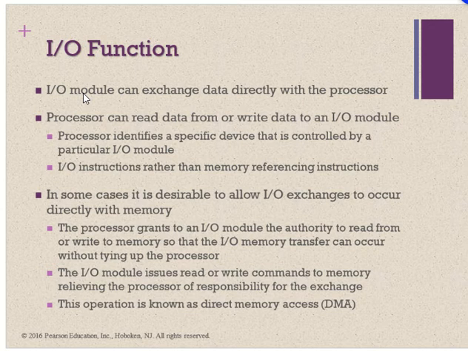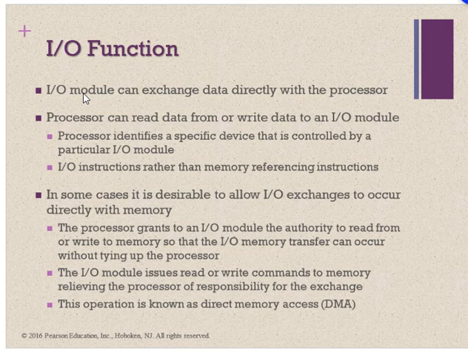First of all, the processor has to identify the specific device that is controlled by the I/O module. Remember, I/O devices are connected to the processor through the module. It's not like your keyboard is connected straight away to your processor. There is an I/O module in between the processor and the I/O device.